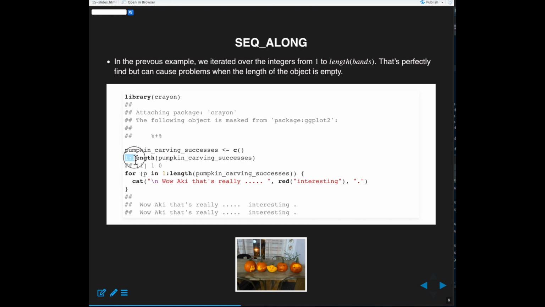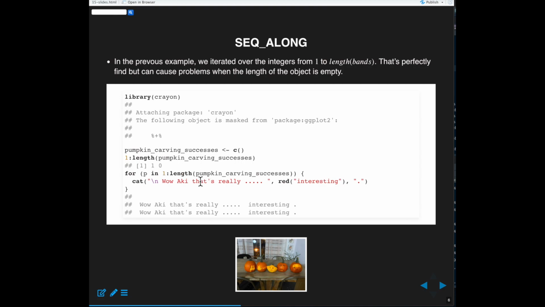However, if I use P to be 1 to the length of pumpkin carving successes, I get some strange behavior, because 1 to 0 is the length of pumpkin carving successes, since he clearly has no successful pumpkins carved. Still, when I run this, it executes twice. It first prints out, wow, Aki, that's really interesting, and again, so P takes on the value 1, and then it takes on the value 0, which isn't really what we wanted, right?